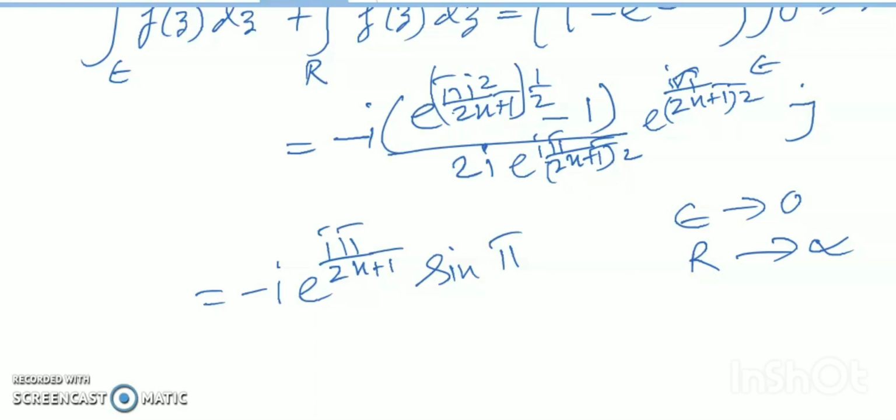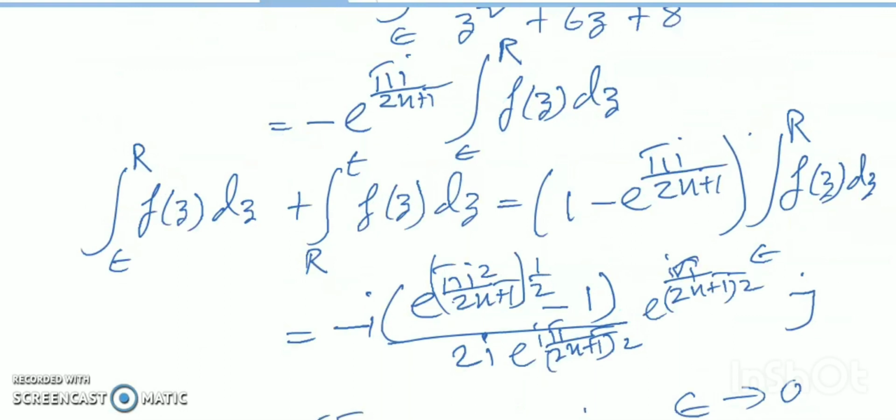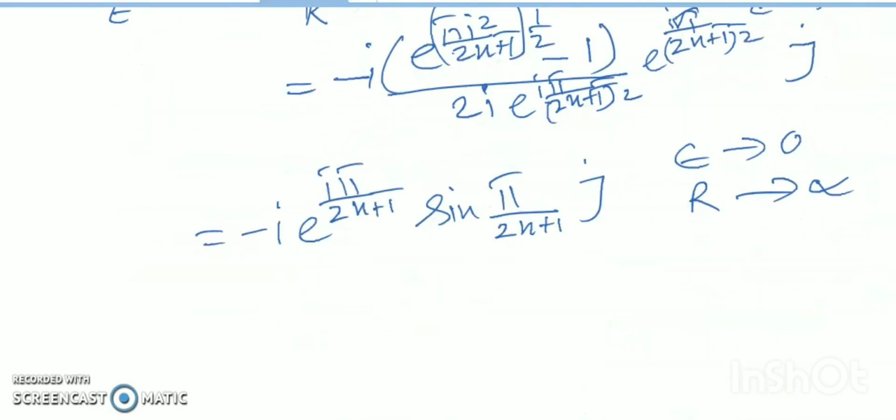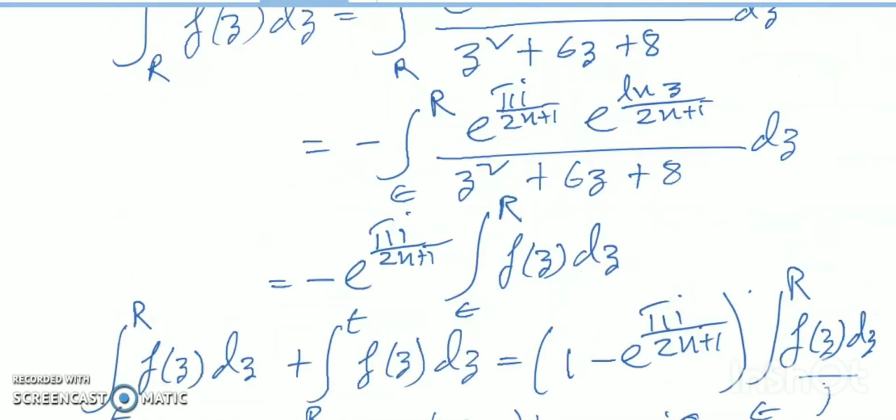So this value can be written as sine pi divided by 2n plus 1 into j. Okay, j is this portion, the integral of f(z) dz is equal to j, because epsilon tends to 0, r tends to infinity. So friends, this is my total work.